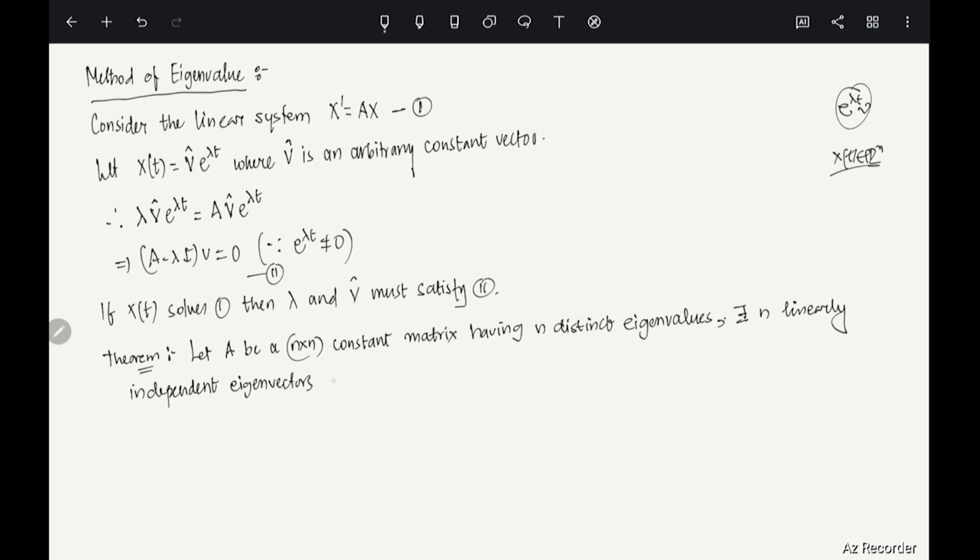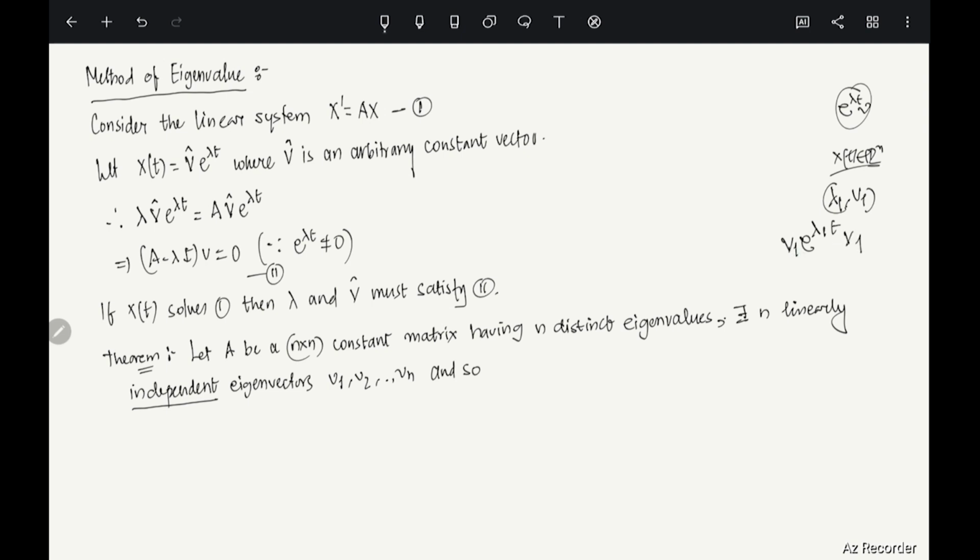Eigenvectors which are given by v1, v2, vn. Since they are distinct eigenvalues, the corresponding eigenvectors are independent. This we know from linear algebra. For each eigenvalue lambda 1 you have a v1, so e power lambda 1 t times v1.